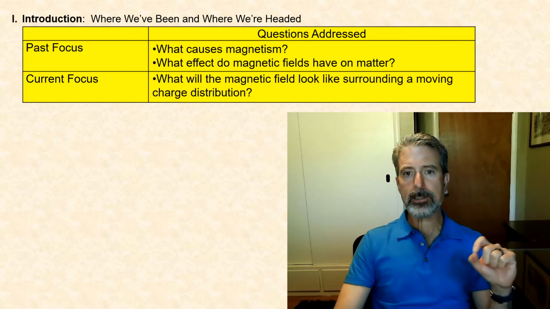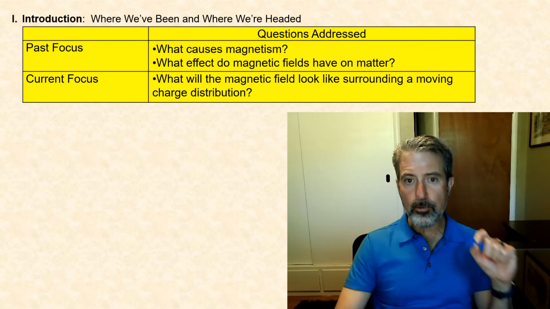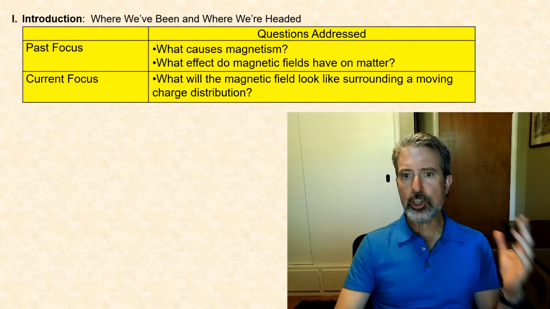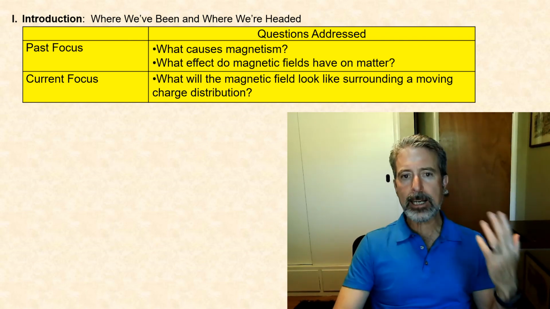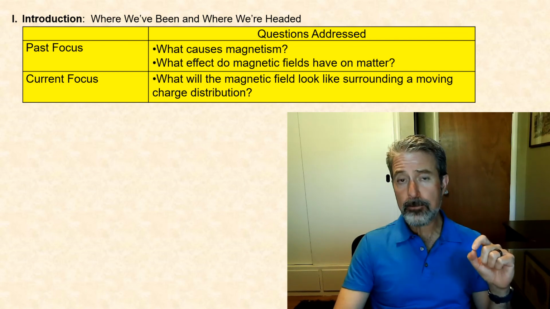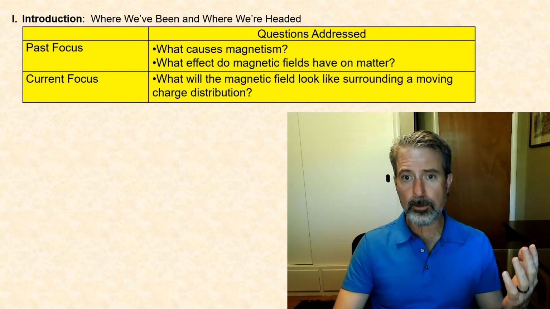What we haven't talked about yet, but we'll address today, is the form that these magnetic fields take. How can we predict the shape of the magnetic field around moving charges? Remember that a magnetic field, like an electric field, is a vector field.